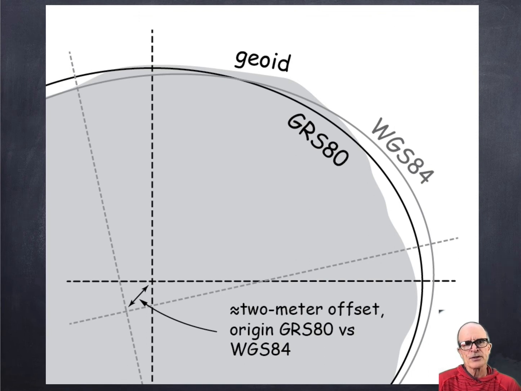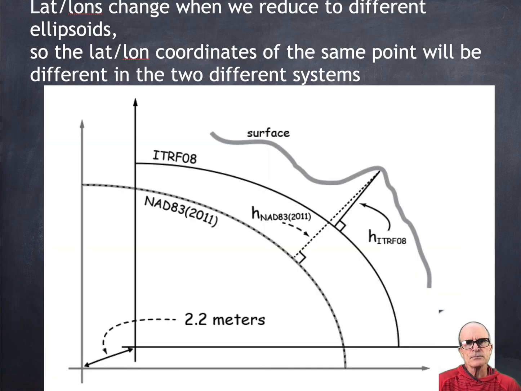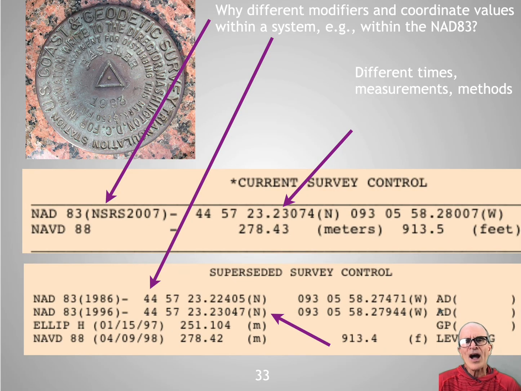It means coordinates are in different locations, right? Lat longs, when reduced to different surfaces, this ITRF and WGS84 or the NAD83, occur in different locations. You get a shift in the latitude and longitude. And so you get a shift in the coordinates of these points depending on which datum you use. That's why when we look up Control Surveyor, when we get coordinates for points, they're sometimes different.